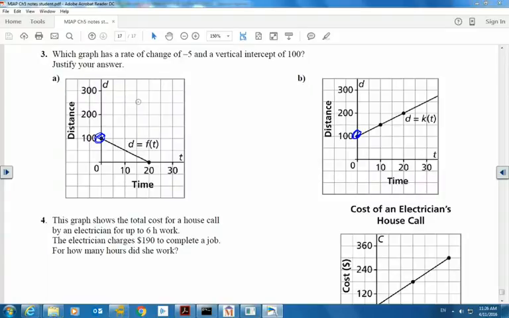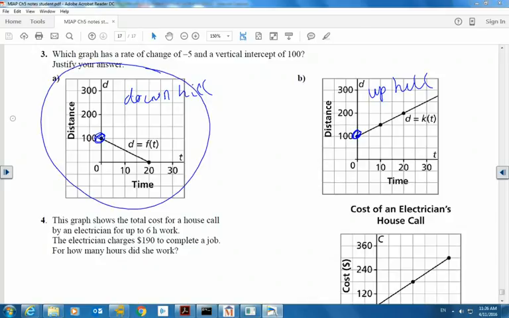So this is going downhill, and this is going uphill. Okay? All right. So this has a rate of change of -5 and a vertical intercept of 100. This is going uphill, so it does not match our situation.